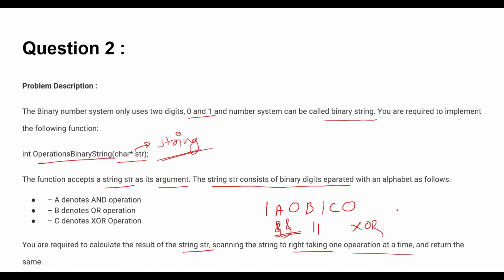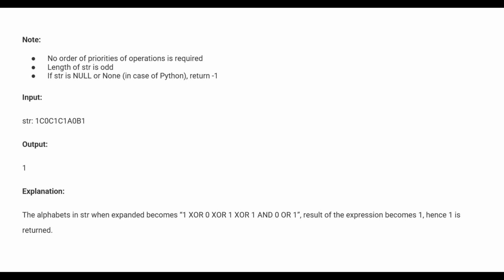So what we have to do is, first calculate the value of this, so it's 0, and then the value of this, it will be 1, and then the value of this XOR 0. So we have to calculate this. There are some points they have given.